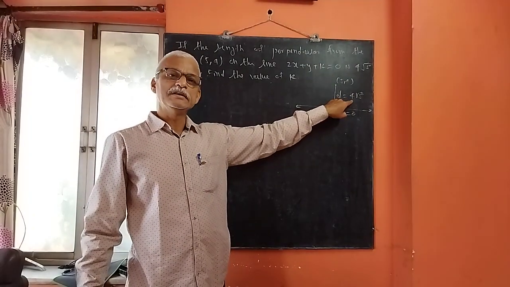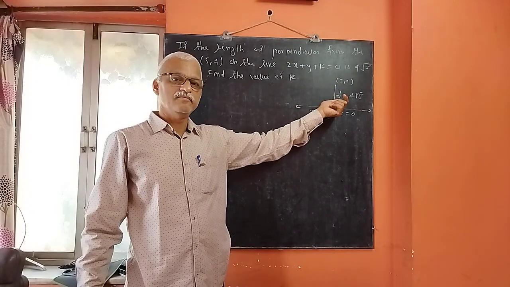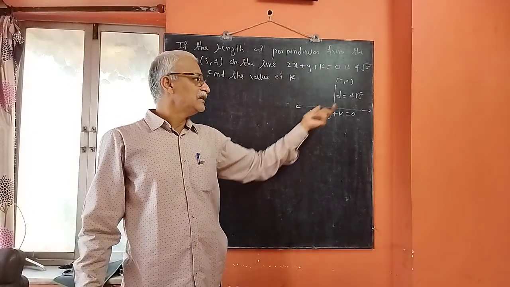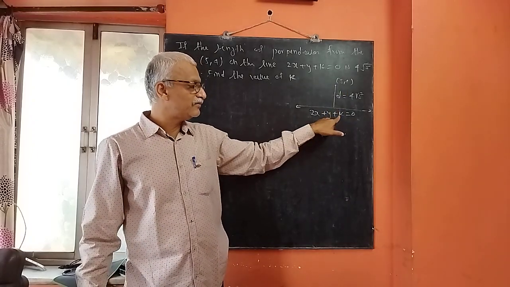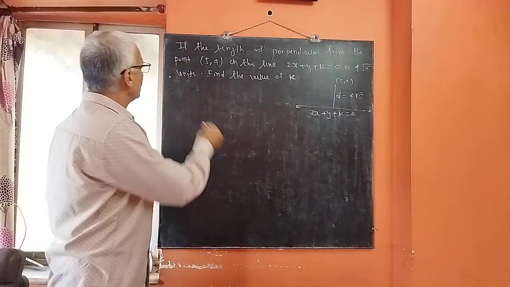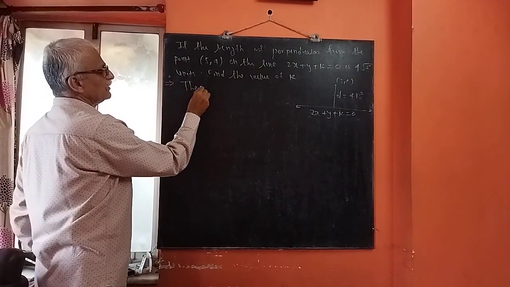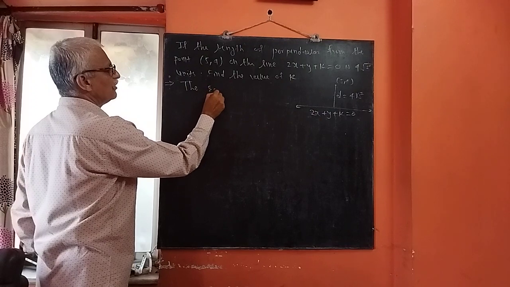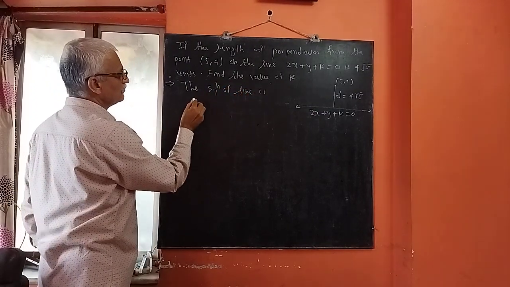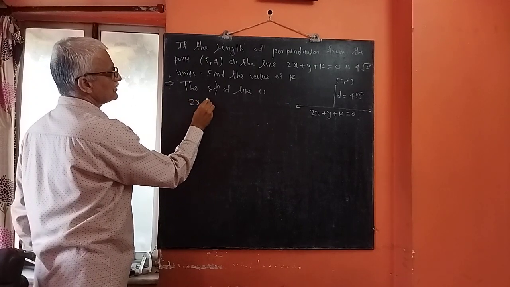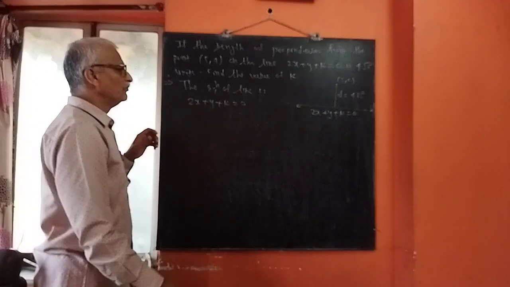In the previous two problems, we have found the distance. In this case, the perpendicular distance is given, and we have to get the value of k. Now again, the procedure is same. The given equation of line is 2x plus y plus k equals to 0.